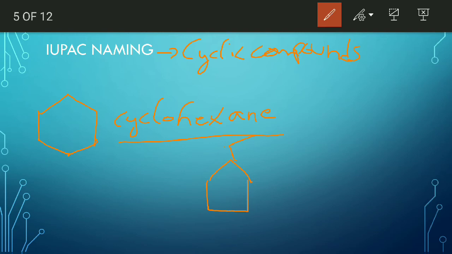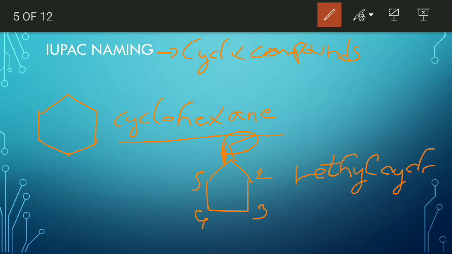When I start numbering from here, 1, 2, 3, 4, 5, the IUPAC name of this compound is, first, since a locant is present, you write 1 ethyl cyclopentane. That's all.